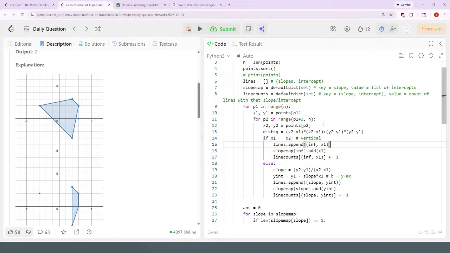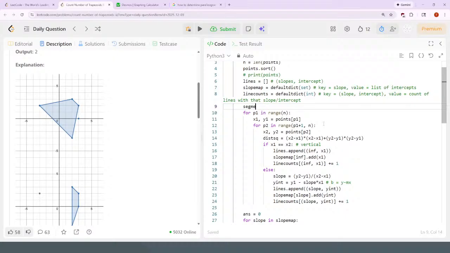Slope map, line counts. I guess I could... segments, distance map. What do I call this? I think I call this maybe segment map, like line segment.